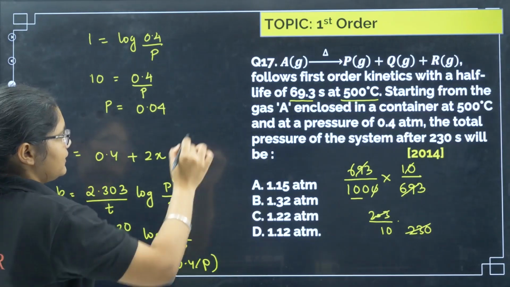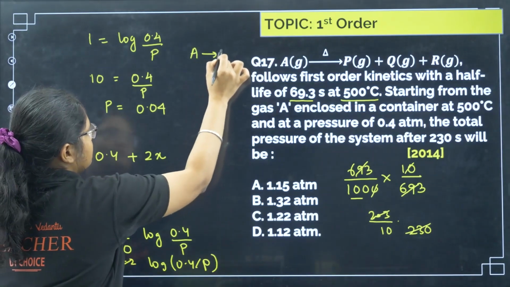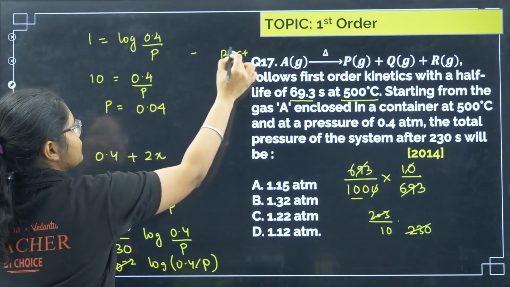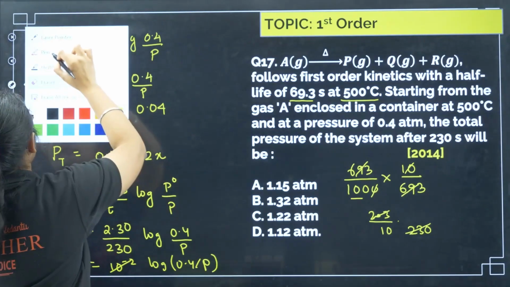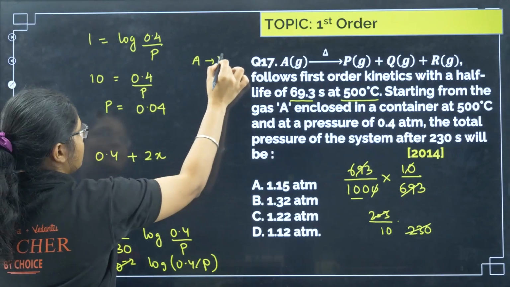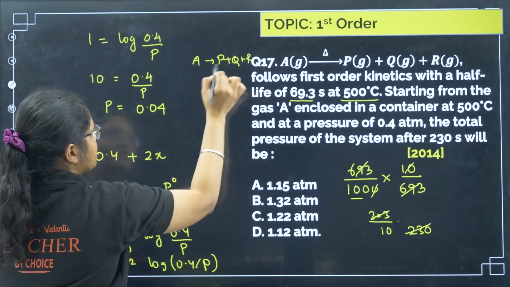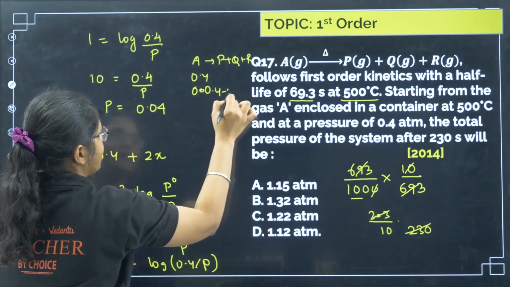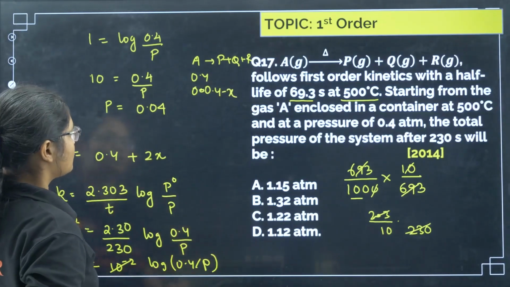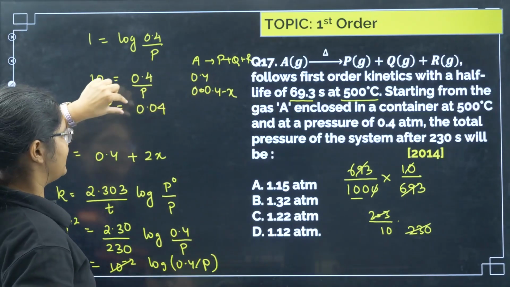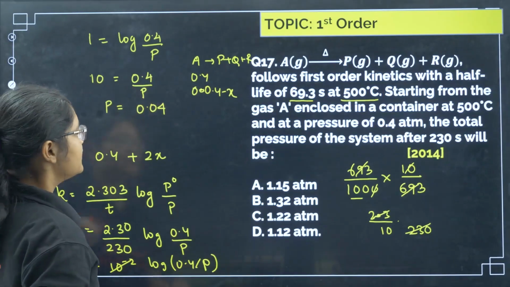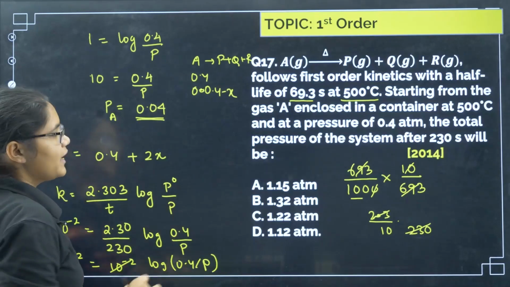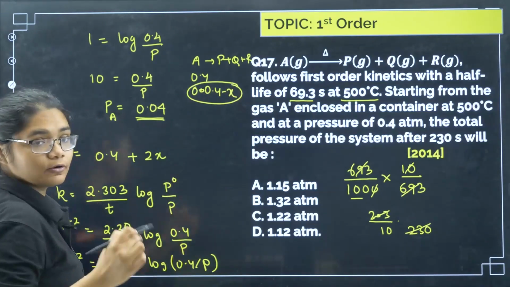Now if you remember, we started with A giving P plus Q plus R, and I started with 0.4. After 230 seconds it was 0.4 minus x. So 0.4 minus x is equal to 0.04. The pressure of A after 230 seconds is 0.04, and that value was nothing but 0.4 minus x.